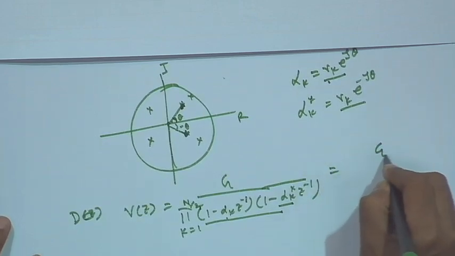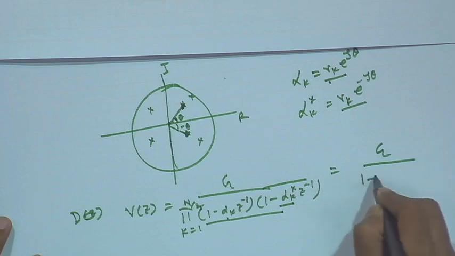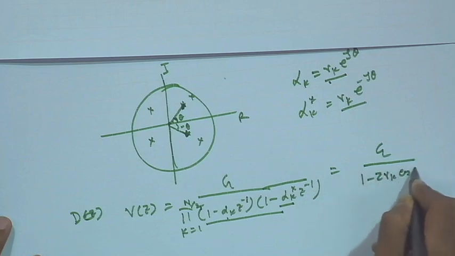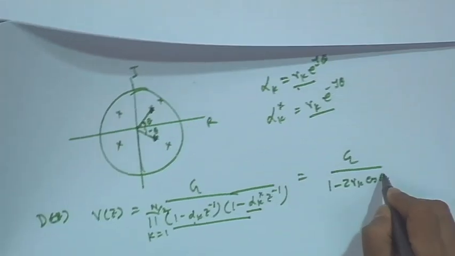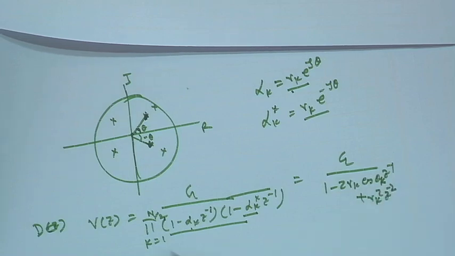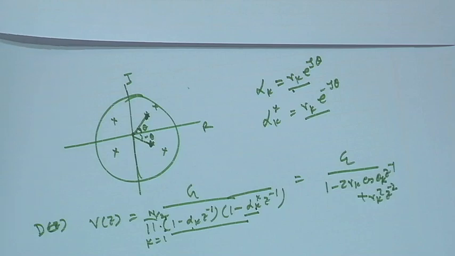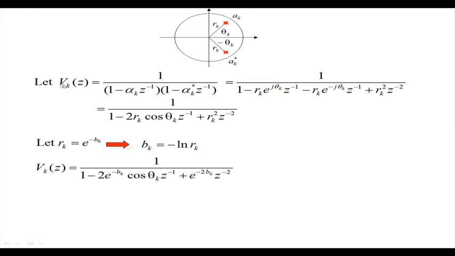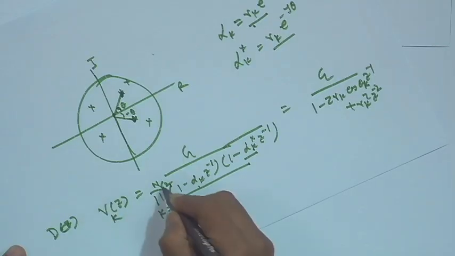Then it will come G divided by 1 minus 2 r_k cos theta_k z to the power minus 1 plus r_k square z to the power minus 2, for this complex conjugate product. Now if you see this in terms of V_k(z), this is V_k(z). If I want V(z), there will be a product for k equal to 1 to n of V_k. If I write V_k this one, then I do not write the product term.